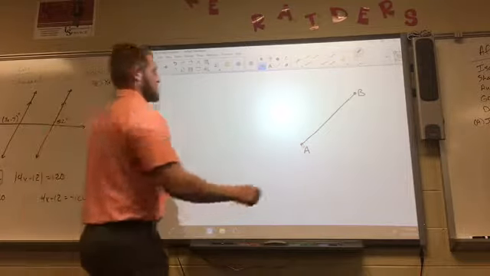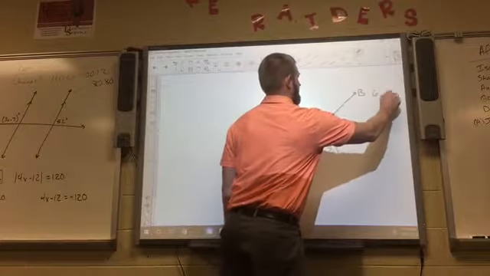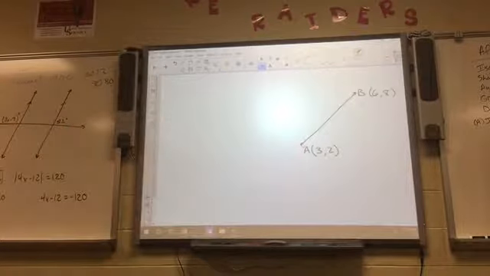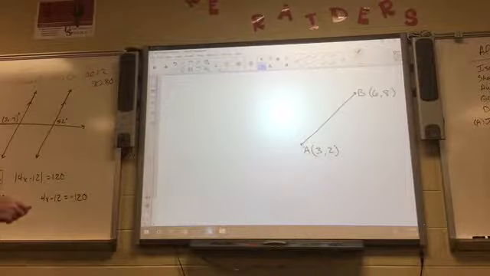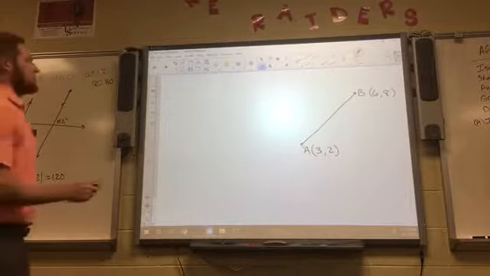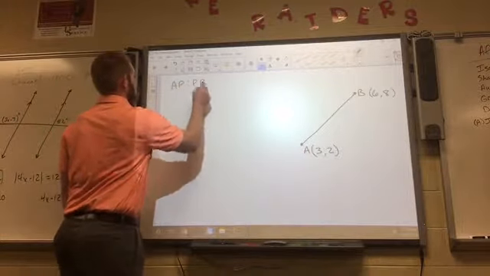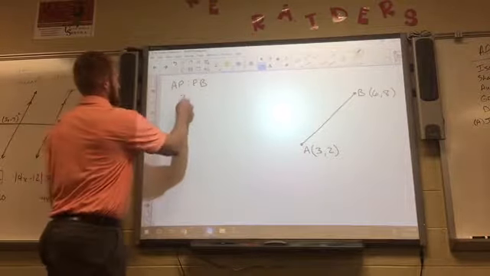A is at (3, 2) and B is at (6, 8). They are asking us to find the coordinates of point P along this directed line segment so that the ratio of AP to PB is in the ratio of 3 to 2.